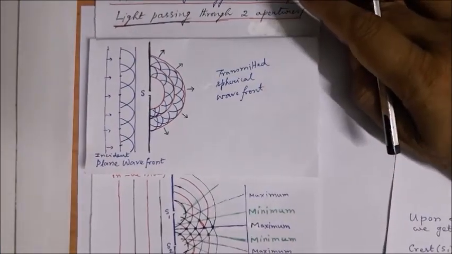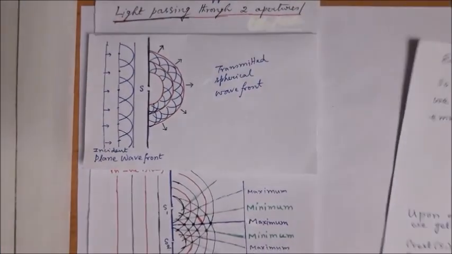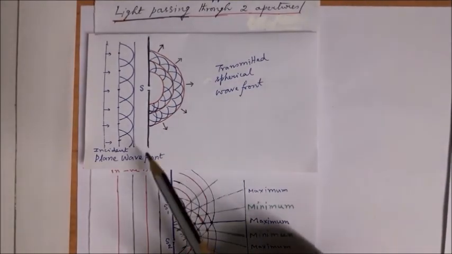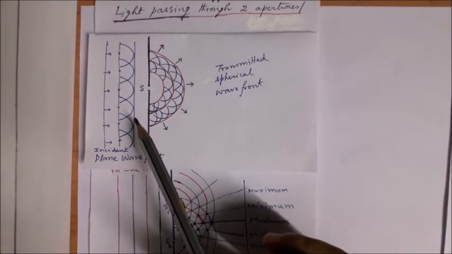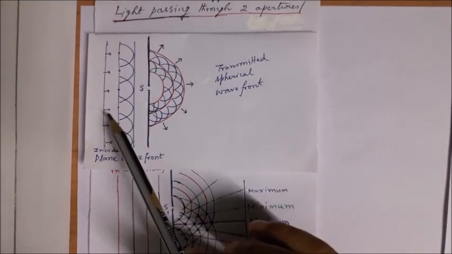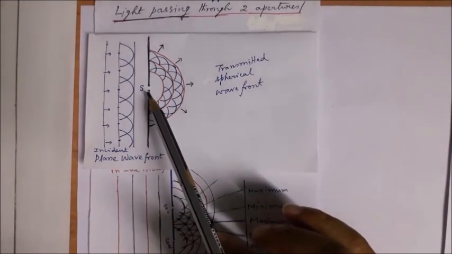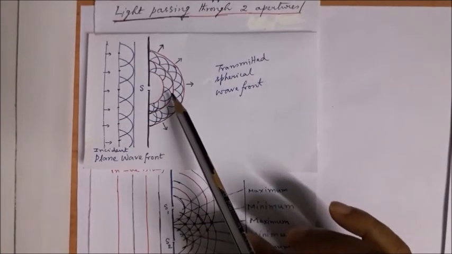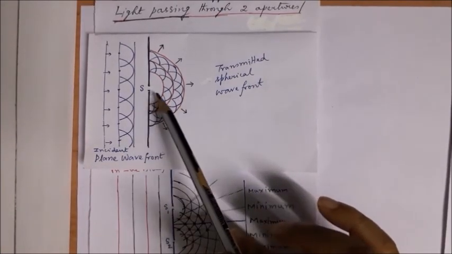Three things are to be stated. The first one is a remarkable feature that even if the incident wave is plane, on entering this aperture we have spherical waves. So plane waves give rise to spherical waves after they pass through a hole.